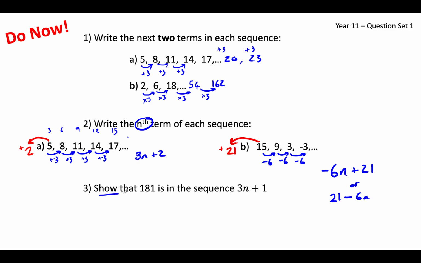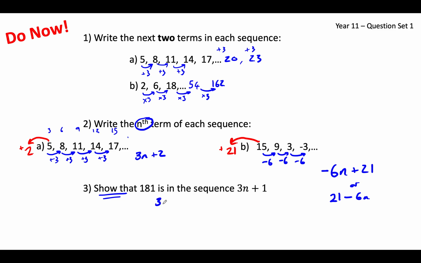Right, last one. Show that 181 is in the sequence 3n plus 1. Now I could just write out that sequence until I get to 181, but that's going to take a long time. You know, 3 times 1 plus 1, 3 times 2 plus 1, 3 times 3 plus 1. It's going to take ages to get to 181.